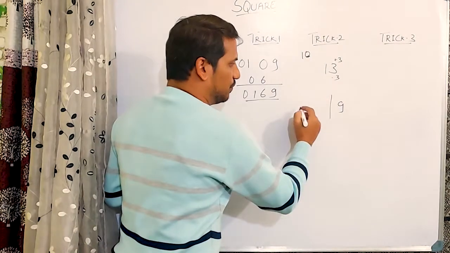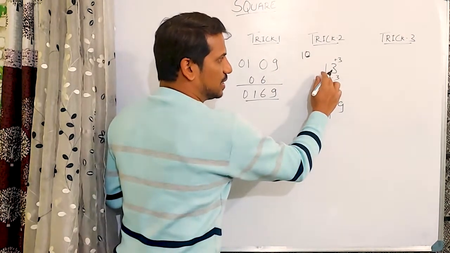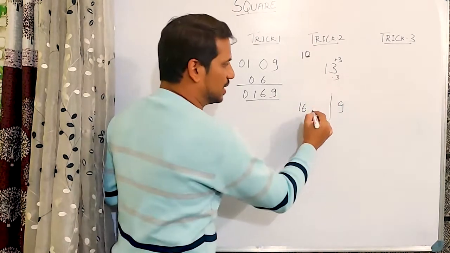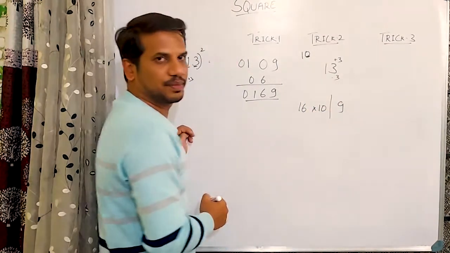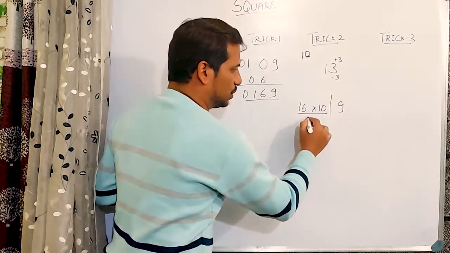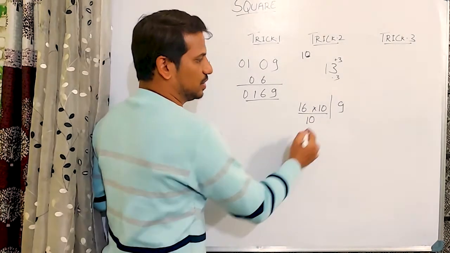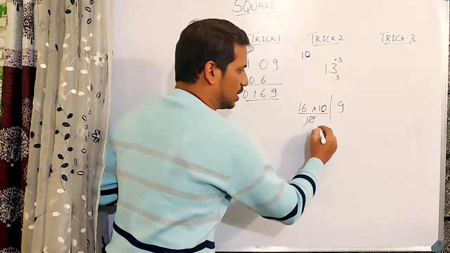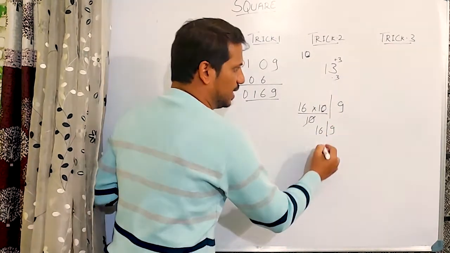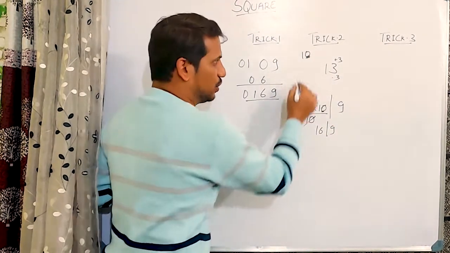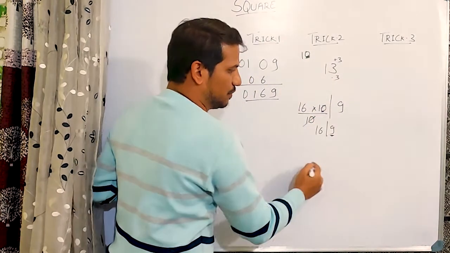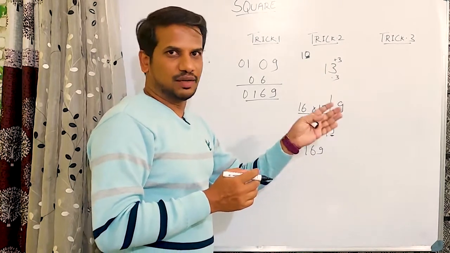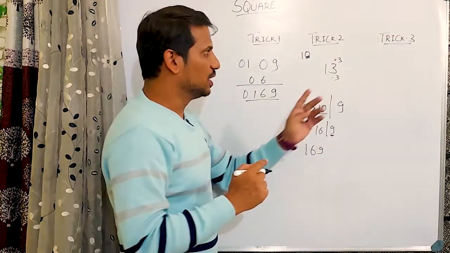And then we need to have 2 numbers, that is 13 plus 3, that is 16, and 13 minus 3, that is 10. So we need to divide it by 10 to eliminate this particular 10. So cancelled. So remaining is 16 and 9. Since we have only 1 0 in 10, we can take one number from here, that comes out to be 169.